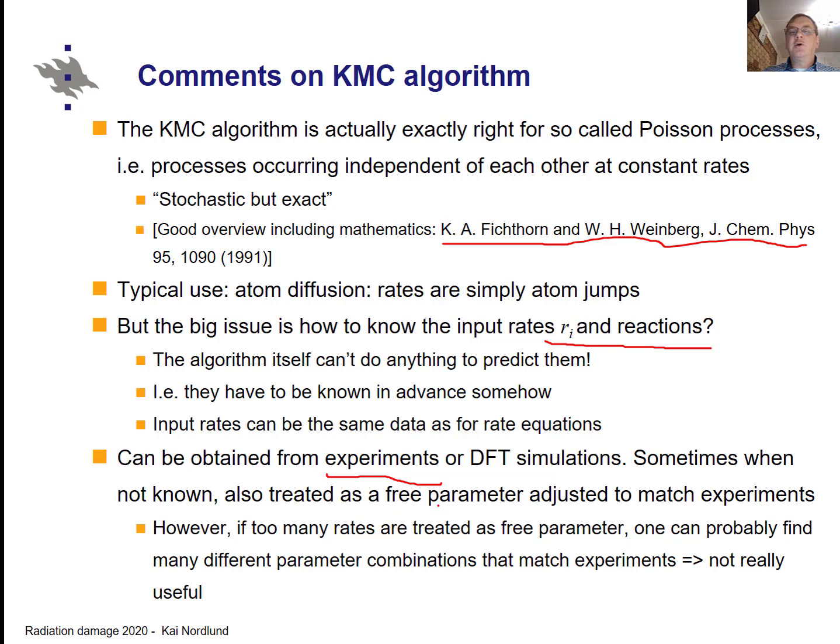Then, of course, if you don't know all the parameters, you can try using free parameters, but that's something which is, of course, dangerous, because if you have many free parameters, then it's very unlikely that you can deduce any physically reasonable conclusions.